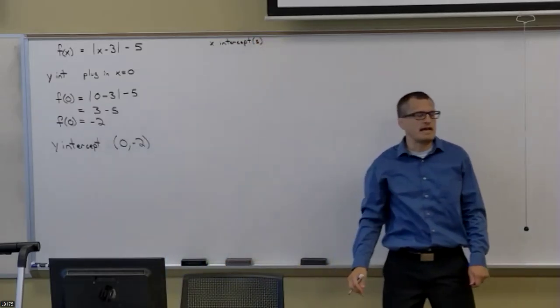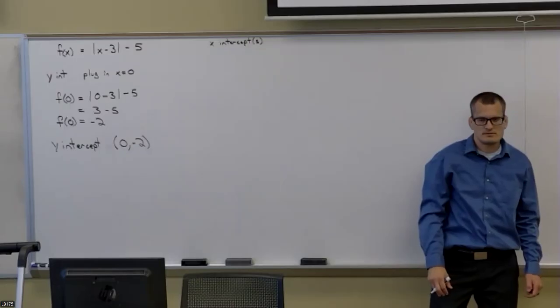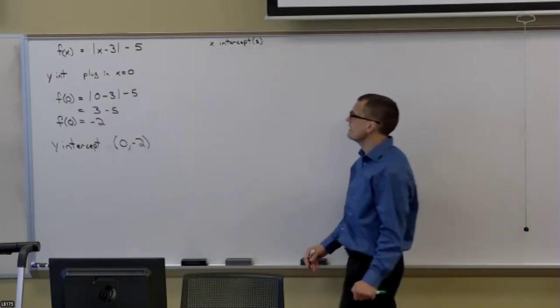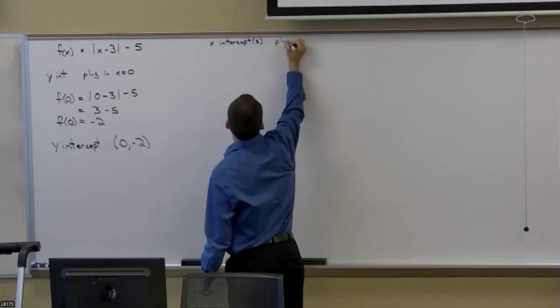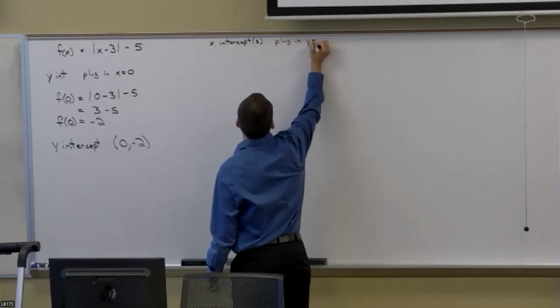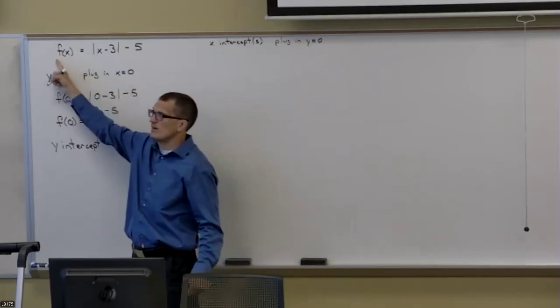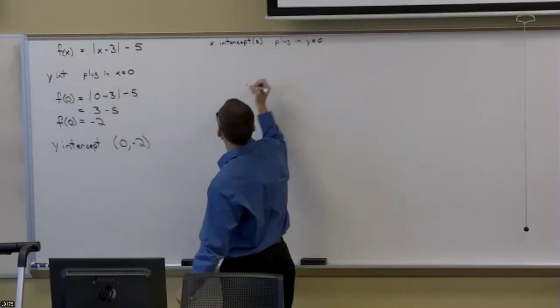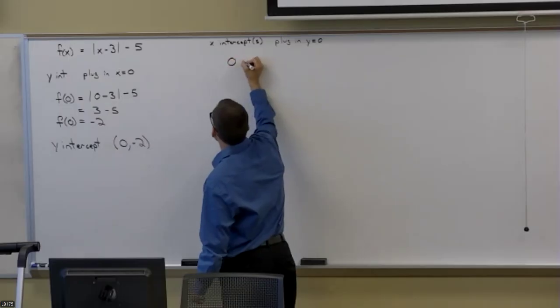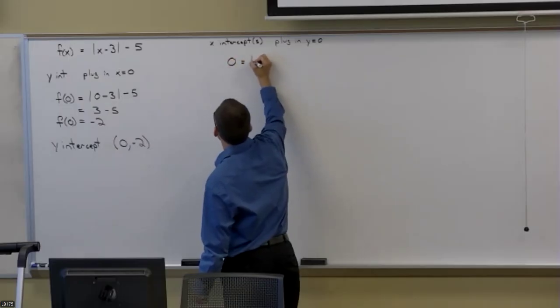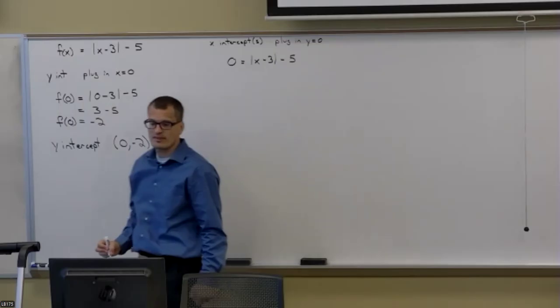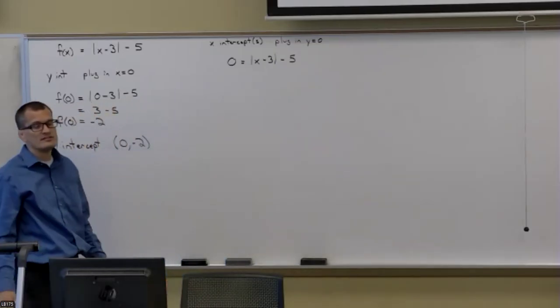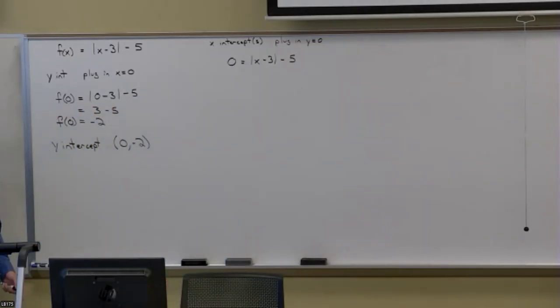Let's take a look at the x-intercepts. For this function, we plug in 0 for y. That's just the output of x, right? So that's my y. So I can plug in 0 for y. I get 0 is equal to the absolute value of x minus 3, minus 5. And then this is just solving an absolute value equation.